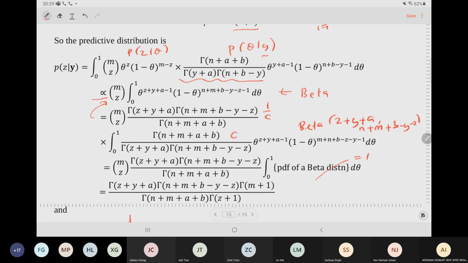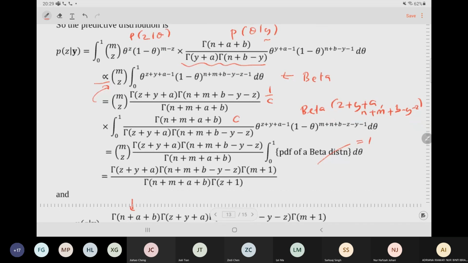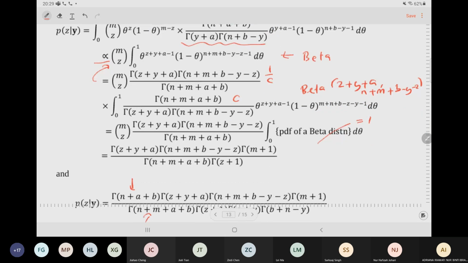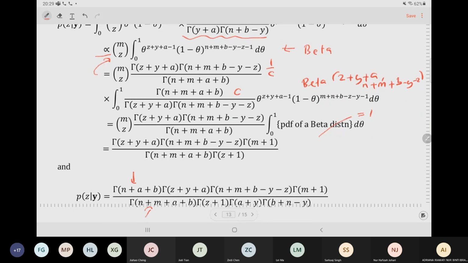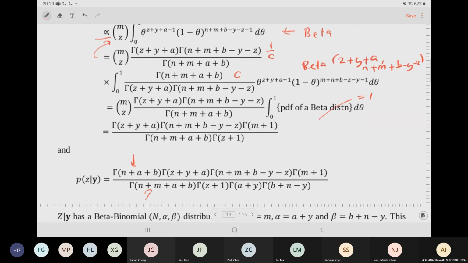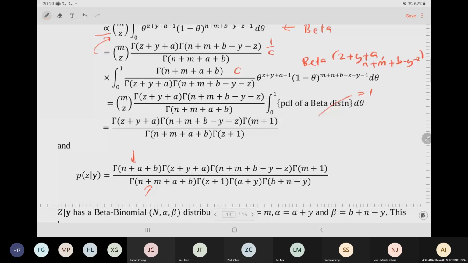So then you are only left with the constant here. Okay, right? And then you have here, then from here to here, you should remember that this choose M Z is actually a gamma function, right? That's why you get from here to here.